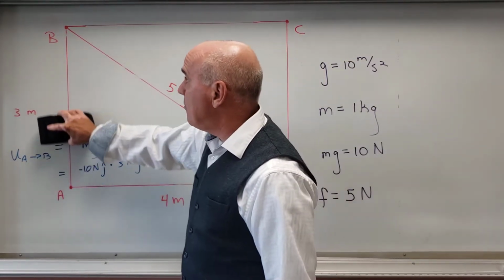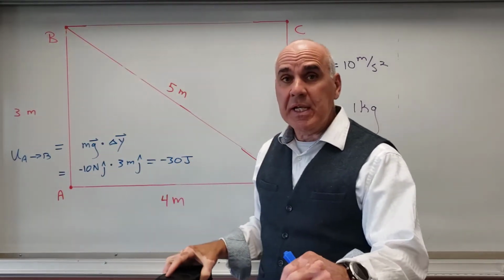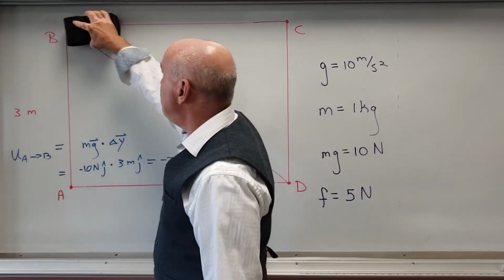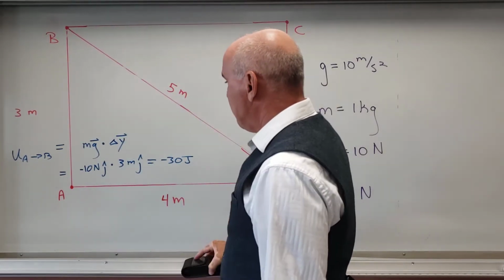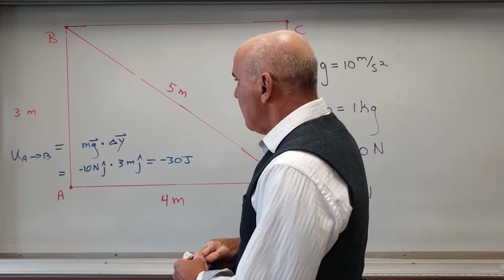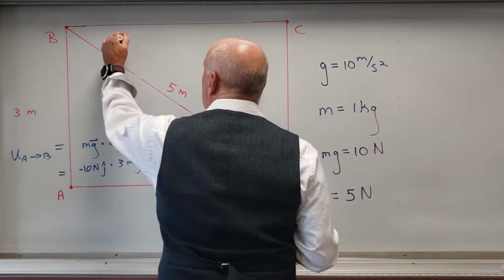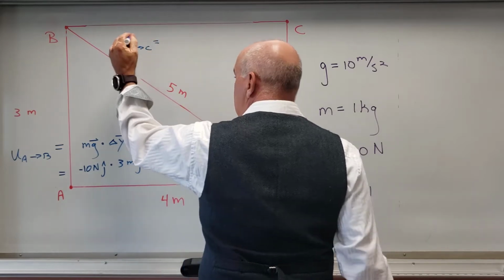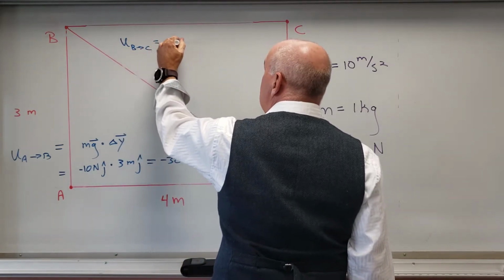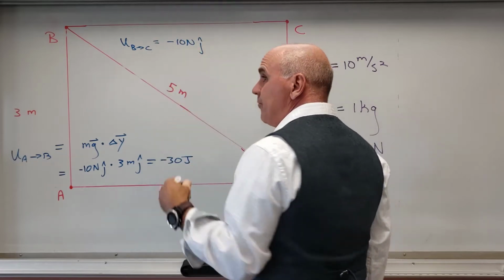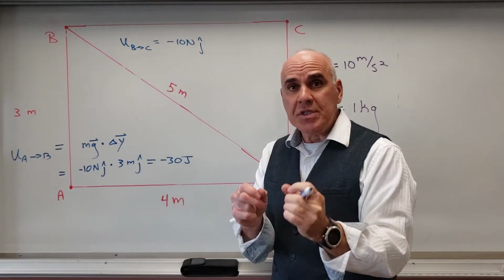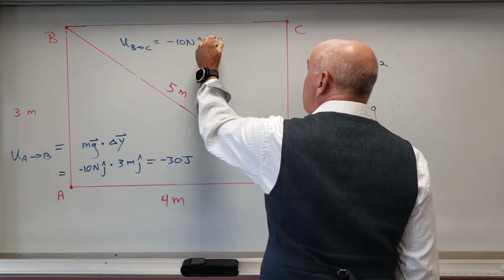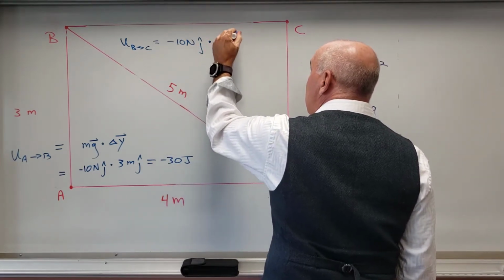Now, I'm also applying a force as I go up, but we're not going to worry about that. We're only interested in the work done by gravity. Then as I go from B to C, I'm traveling a distance of 4 meters. Again, the work going from B to C equals negative 10 newtons j, that's the force due to gravity, and I'm interested in the work done by gravity, dotted with 4 meters in the i hat direction.